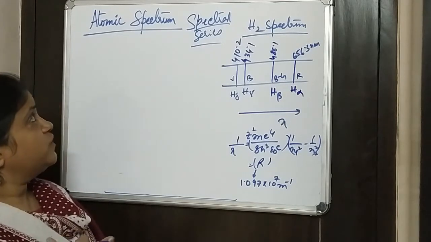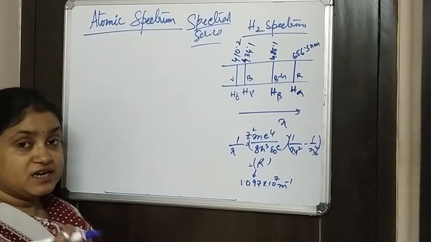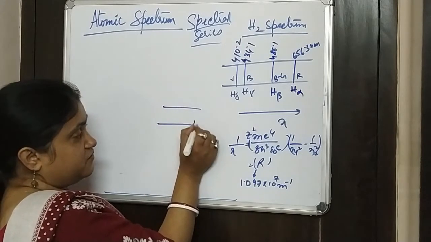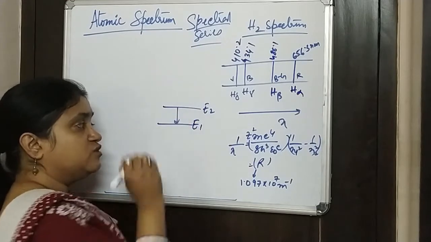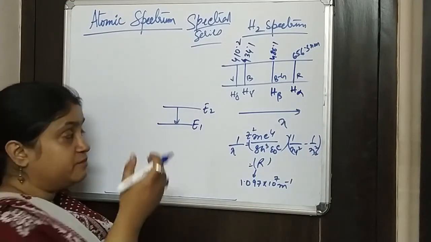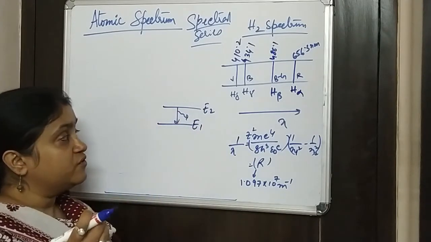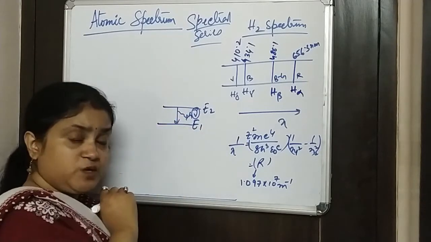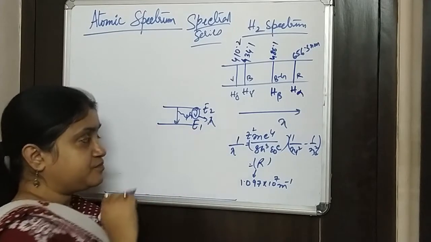Now, first talking about the atomic spectra, as we have already seen according to Bohr, if an electron jumps from a higher energy level to a lower energy level, it releases a certain amount of energy in the form of radiation, which has a particular frequency as well as a particular wavelength.